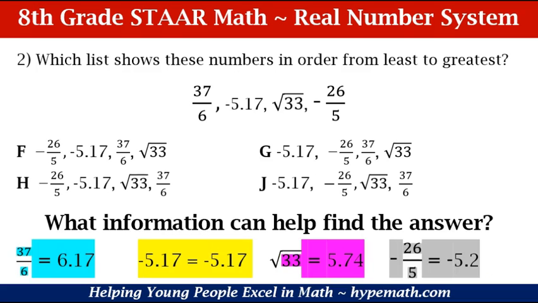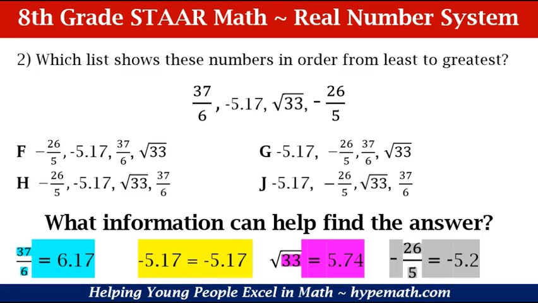What information can help us find the answer? For us to solve this problem, what we first need to do is convert all of the numbers to a decimal. You can use your calculator in order to convert from a fraction to a decimal.